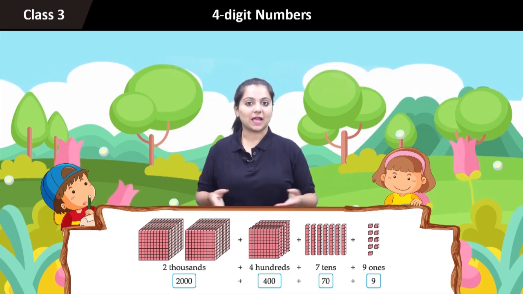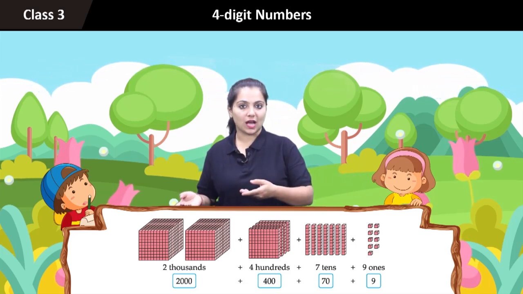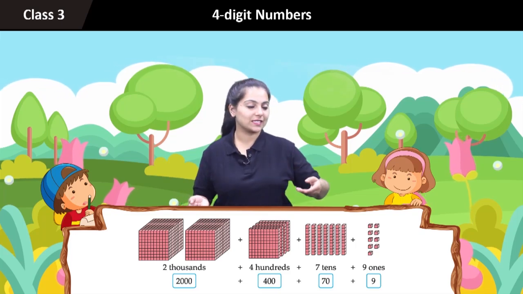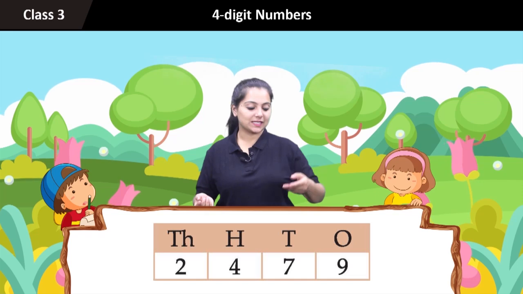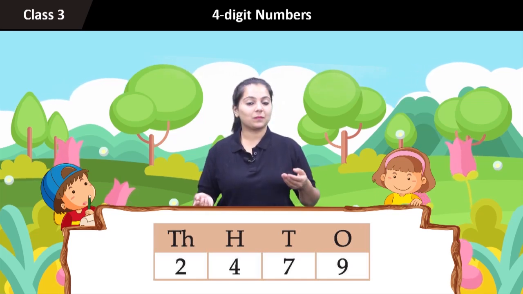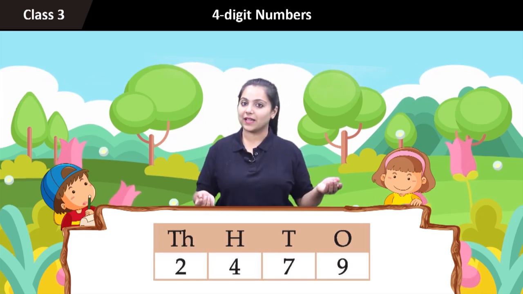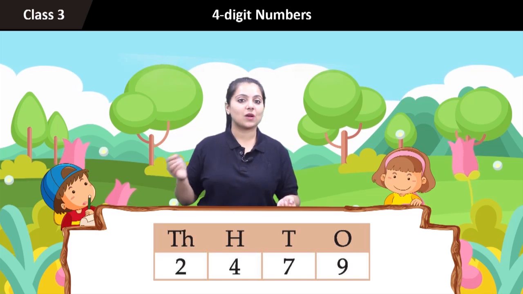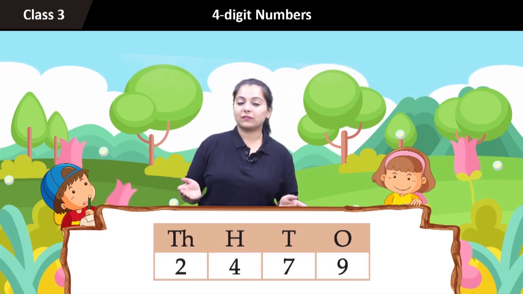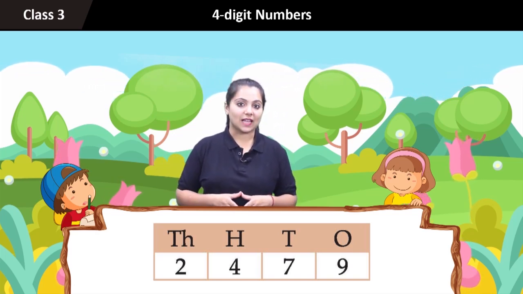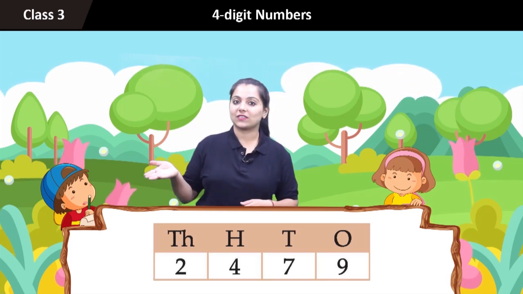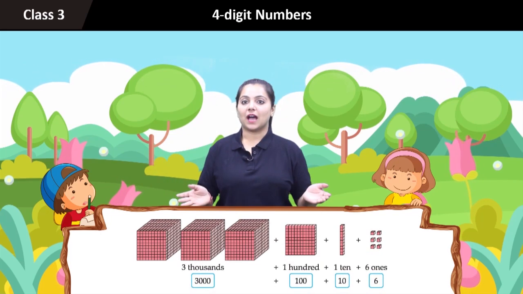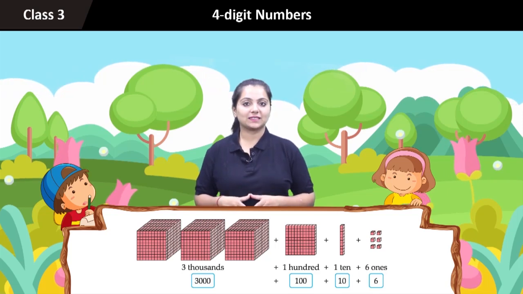So this can be written as 2479. 9 at ones place, 7 at tens place, 4 at hundreds place, 2 at thousands place. Number name for 2479 is 2479. Now look at one more example.